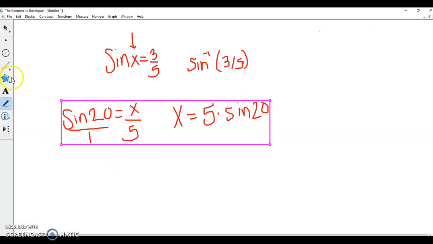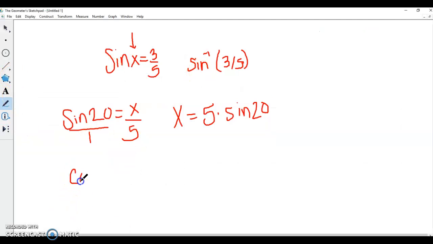That's all I'm doing. If I had, let's say, cosine of 80 equals x over 15. Anytime this value is in the denominator, I'm cross-multiplying. I'm multiplying 15 times the cosine of 80.